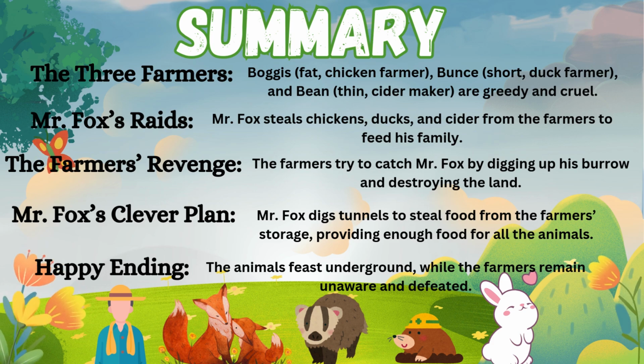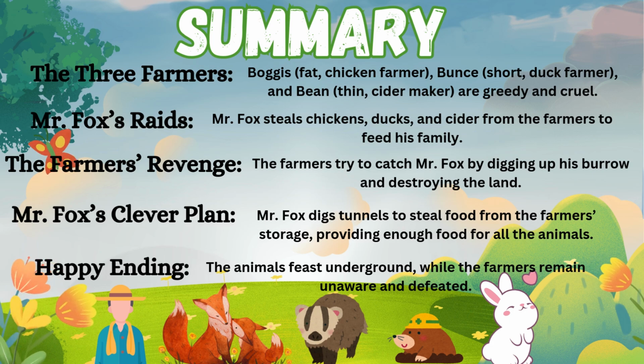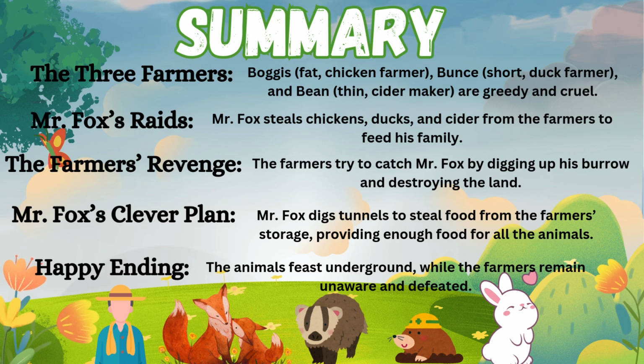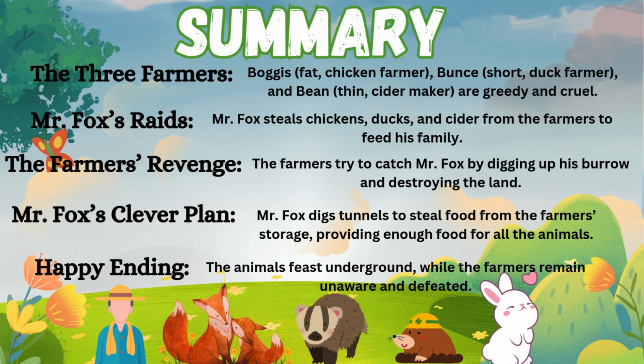After that, the farmers get frustrated and bring tractors and mechanical diggers, tearing apart the countryside and leaving large trenches. This destroys the land and affects the other animals too, like badger, mole, rabbit, and weasel, who live nearby.